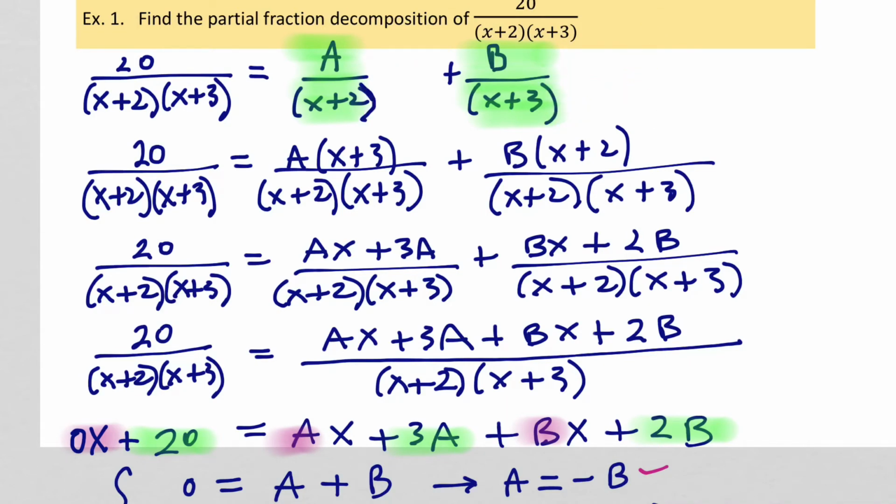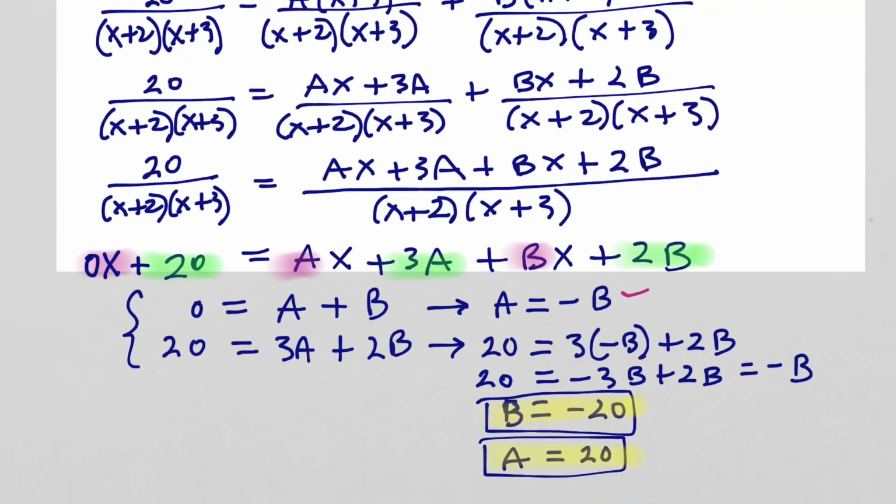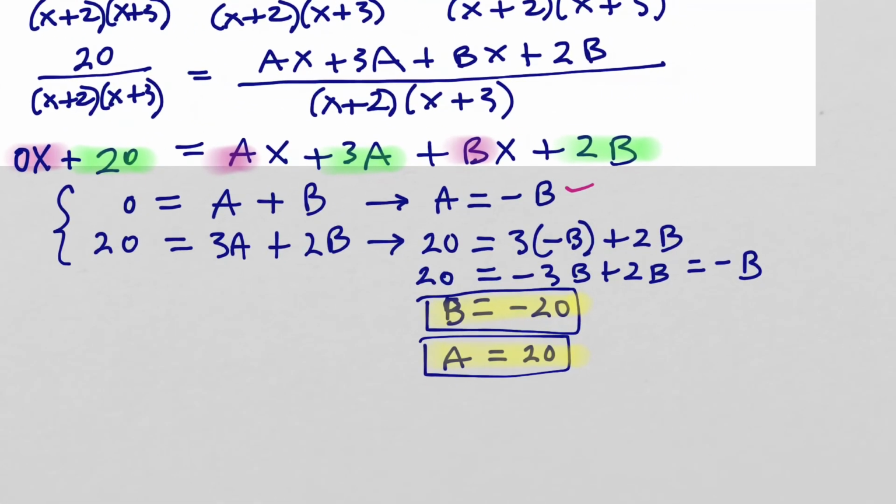All right, so let's go down here and write the final form of our answer. So the final form of our answer is going to be 20 over x plus 2 minus 20. Let's go back and see if I got it in the same order.